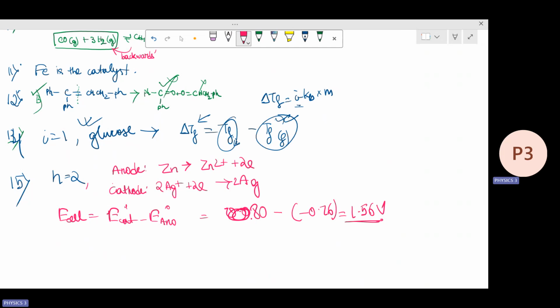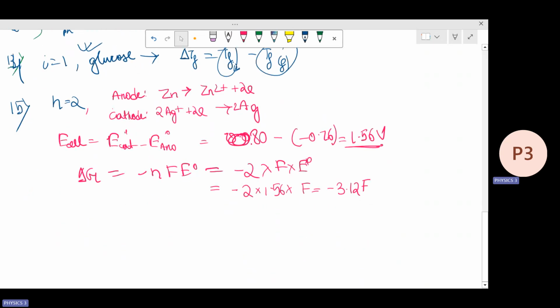Now, this is the E naught cell value. We know that delta G equals minus nFE naught cell. So I will have minus 2 into F into E naught. Here 2 is the number of electrons, n, and F is Faraday's constant. So it will be minus 2 into 1.56 into F. Overall, I get the value of minus 3.12 F. That is going to be the value in terms of Faraday.